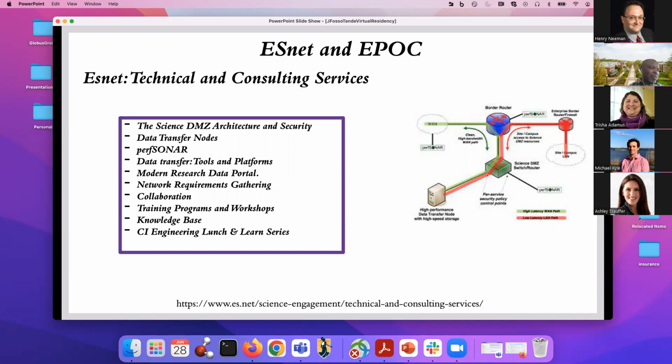So Science DMZ, if you're building one, this is a very good place to find information to set up your Science DMZ, or to design your data transfer node, understand perfSONAR, or configure it, even get advice on what type of hardware you will need, data transfer tools and platforms, modern research data portal, network requirement gathering, collaboration, training programs and workshops, and a knowledge base.